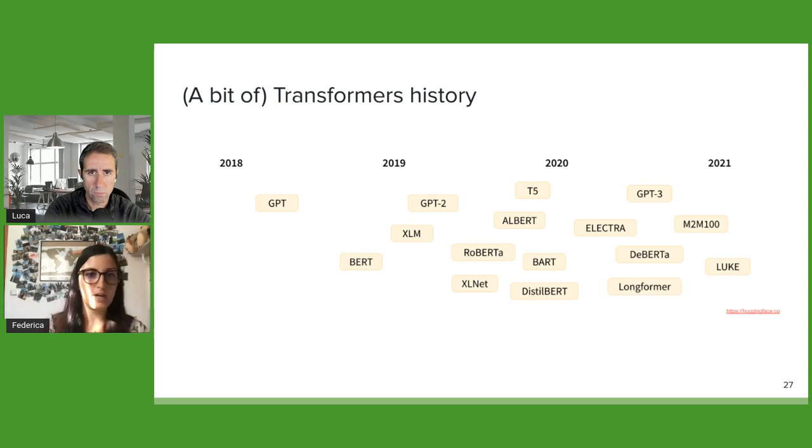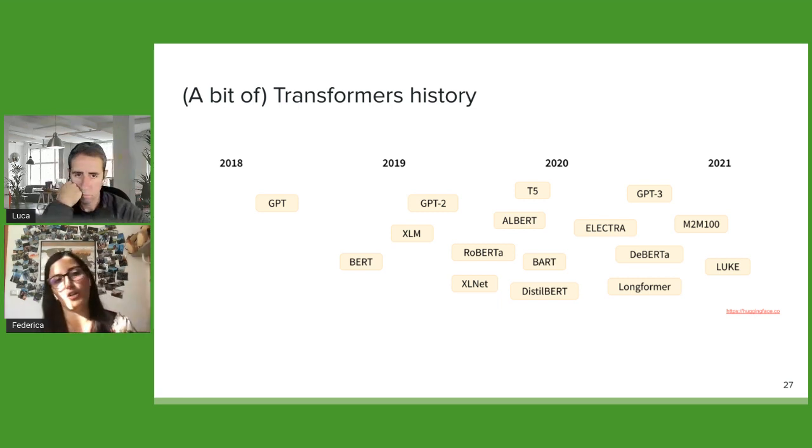Most of them are pre-trained for NLP tasks, on English or other languages. But there is also something on computer vision and on time series, even if this is quite new in the panorama. So here we have quite a few names.